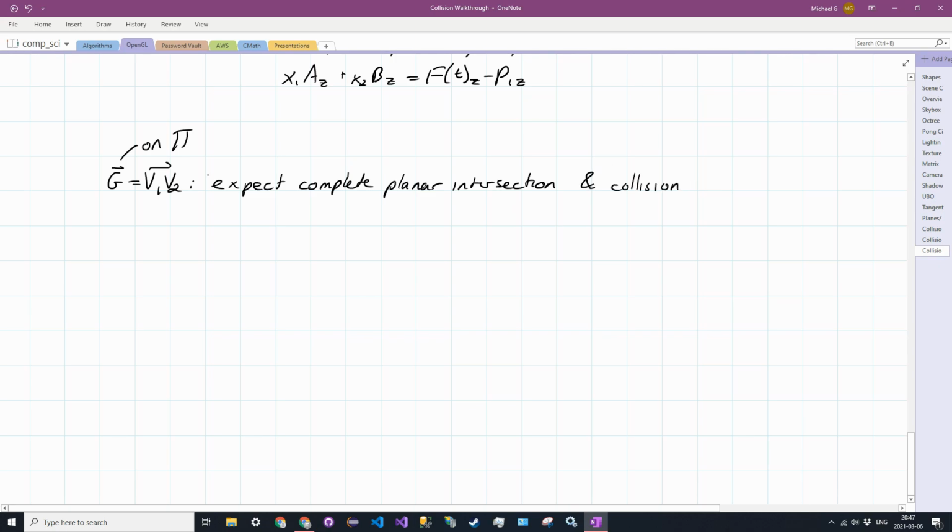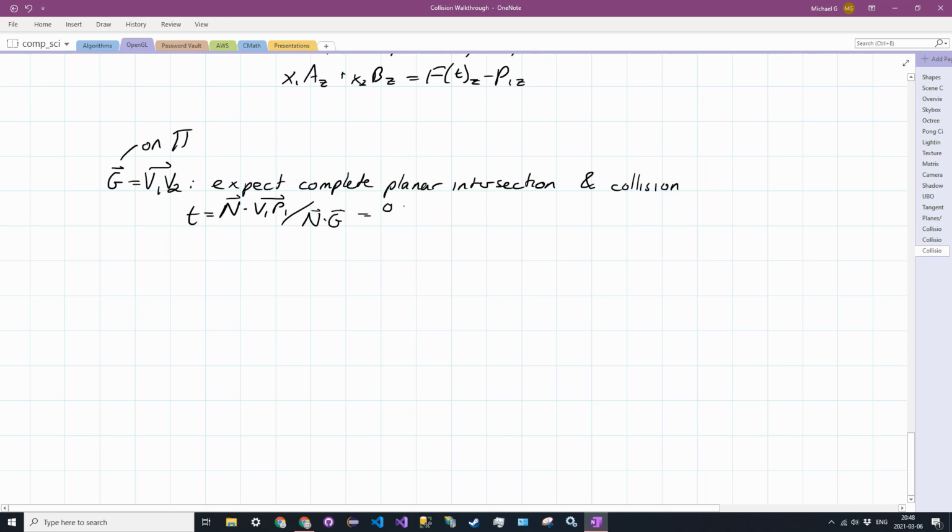I'm not going to do it for the non-collision, but we'll see it in here. So we see the same formula. T is equal to n dotted with the vector from v1 to p1, where v1 is the origin of the line, divided by n dotted with g.